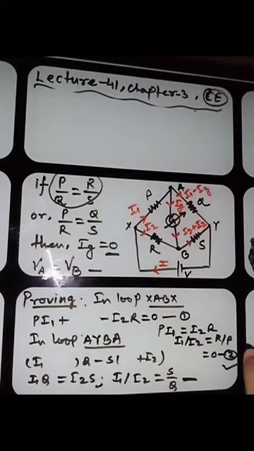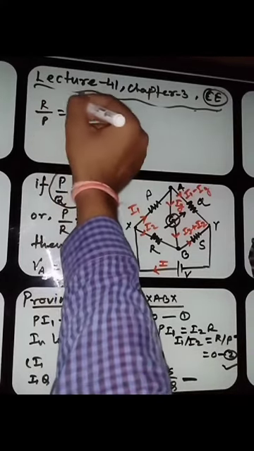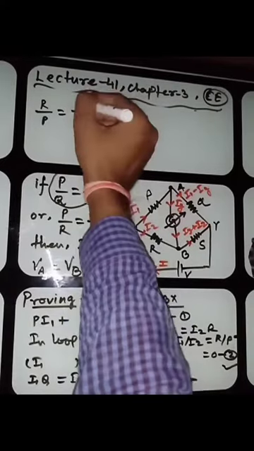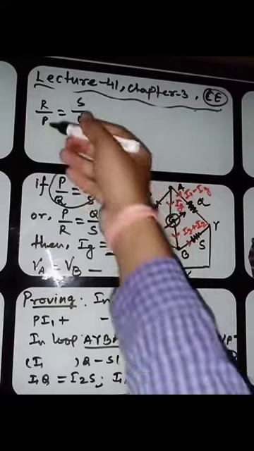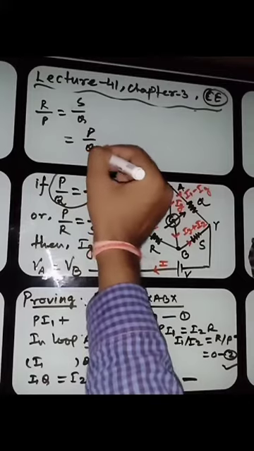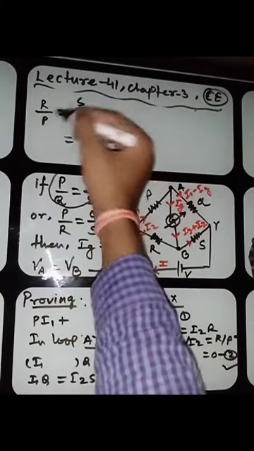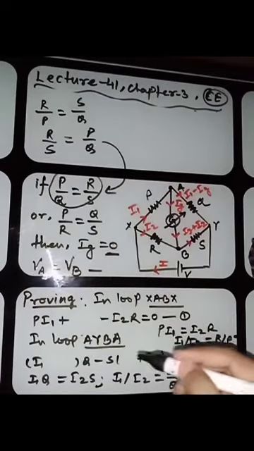Okay, so this relation and this relation you will equate, left hand side same. So R by P is equal to S by Q. Or you can arrange this particular equation with P over here, so P by Q, and this S will go down, R by S. Now you can see we have to prove this.